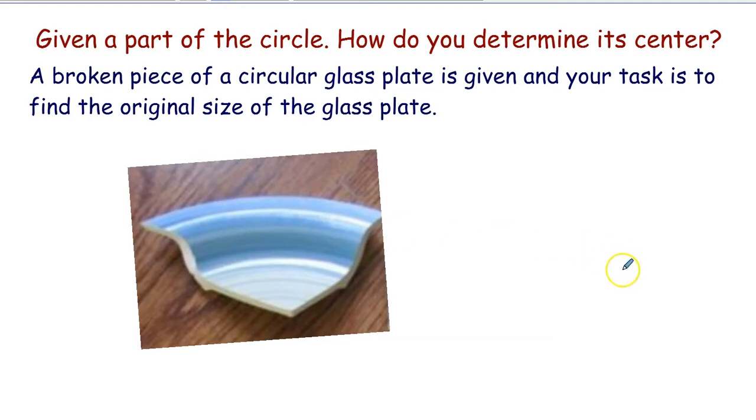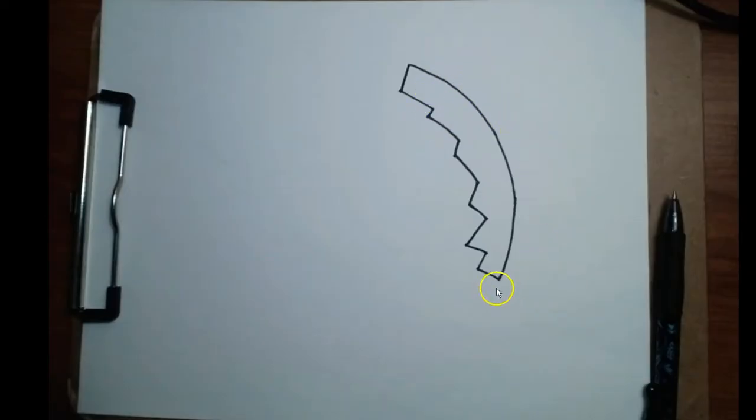So now I have here a part of such a circular glass plate, so this is the arc we have, and it's just a broken piece. Now we have to find the whole actual size of the glass plate, and of course we have to find the radius and all such things.